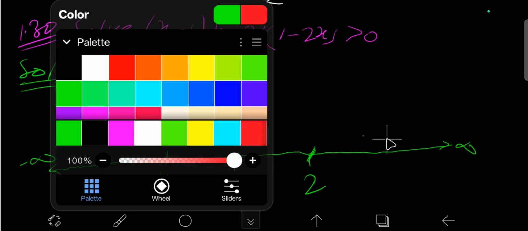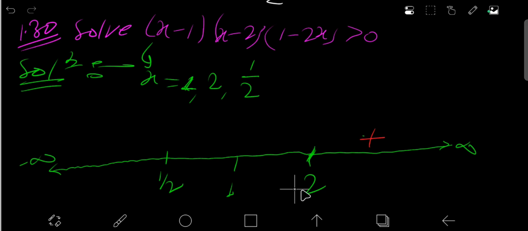This root's factor has odd power, so the sign changes to minus, and 1 also has odd exponent, so here we put plus. This exponent we say half root now. So from this side also change the sign, so here we write minus.